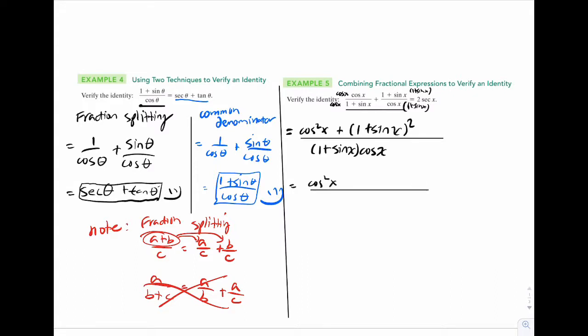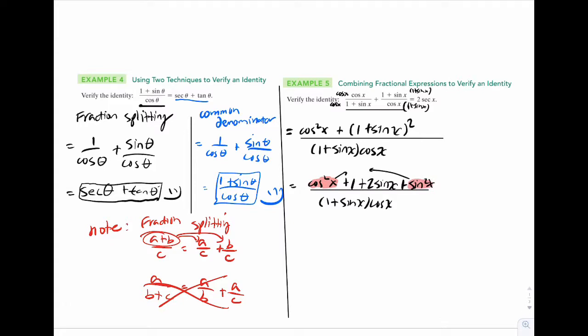That's just cosine squared plus 1 plus 2 sine x plus sine squared x, all over 1 plus sine x times cosine x. At this point, you have to be able to recognize this. Look at this, cosine squared and sine squared.